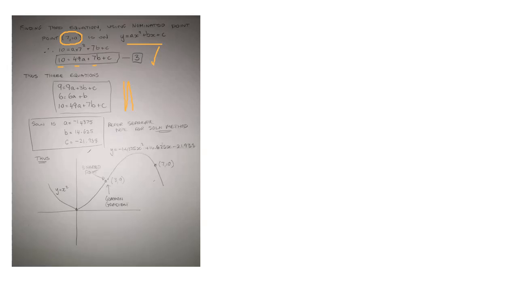We've got a function, y equals x squared, that runs through here, and we've got a function, y equals ax squared plus bx plus c, that runs along there. We've got a point of intersection here, which we identified and called 3, 9, and that point is common to both, and the gradient of each curve is 6 in this case here.